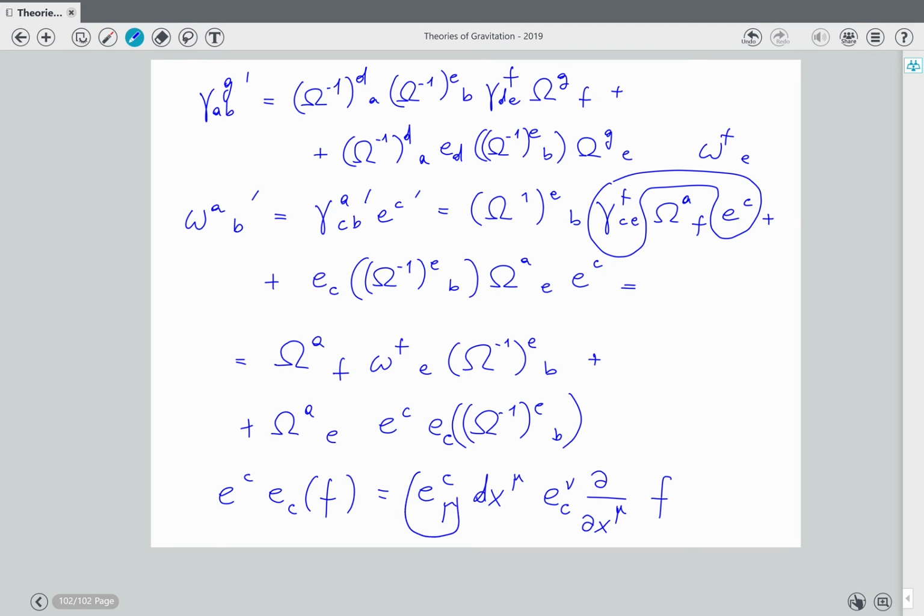And we know that when there is a contraction of indices like this, we have a vielbein and the inverse vielbein, so the result is the identity matrix, delta mu nu, and the contraction dx mu partial over partial x mu f is just the differential of f.